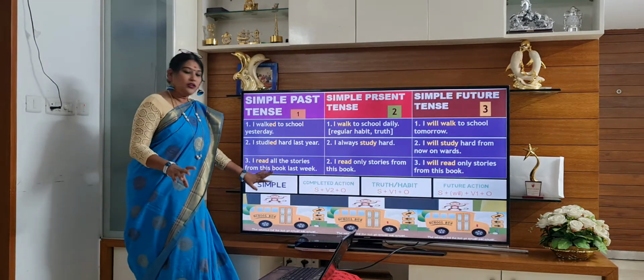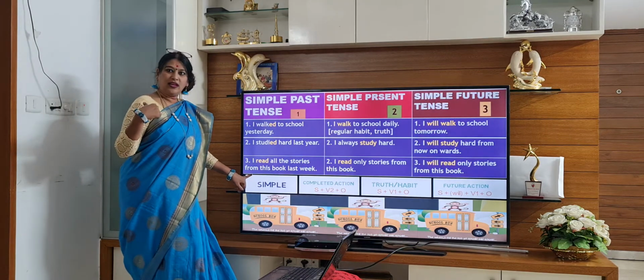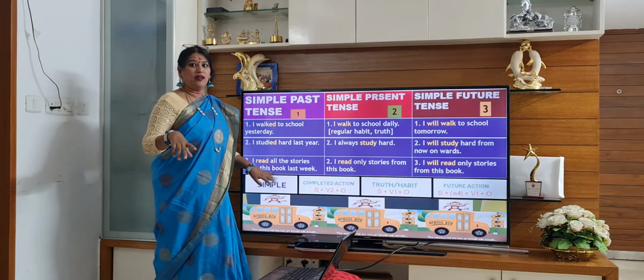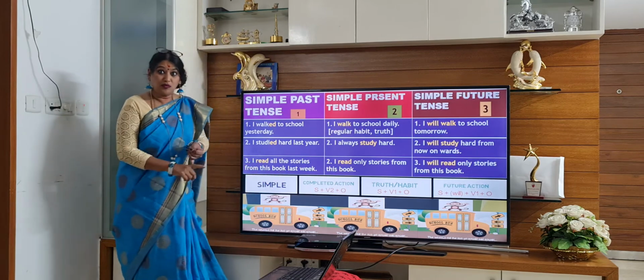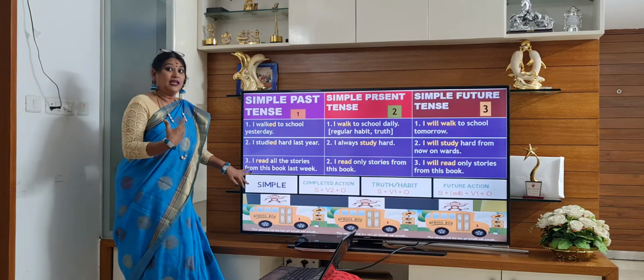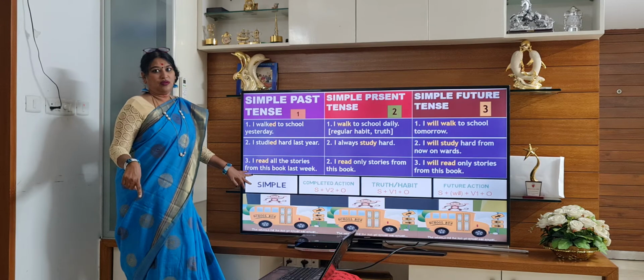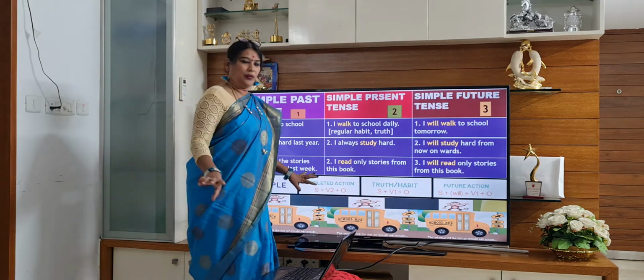I read all the stories from this textbook last week. I read all the stories from this book last year. That means that book has poems also, stories also. So he's specifying that he has read all stories from this book. It can be taken any way.